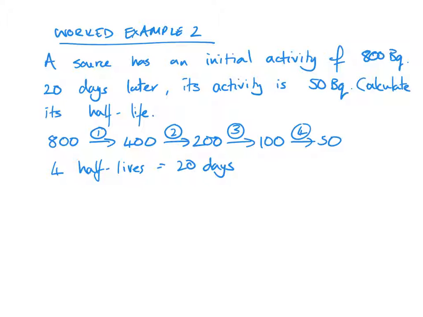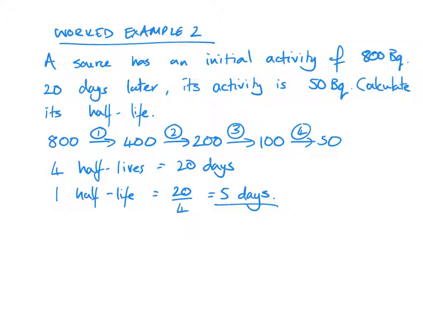Now the half-lives don't change in value. So if 4 half-lives are 20 days, then 1 half-life is 20 divided by 4 equals 5 days. And you can simply underline that as our final answer.